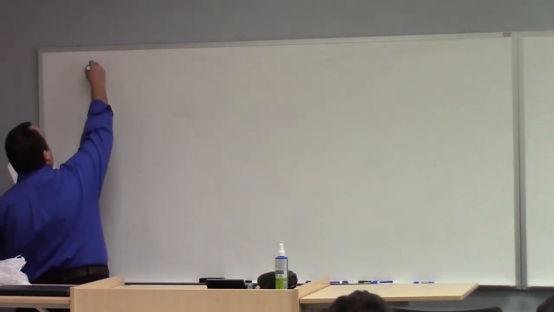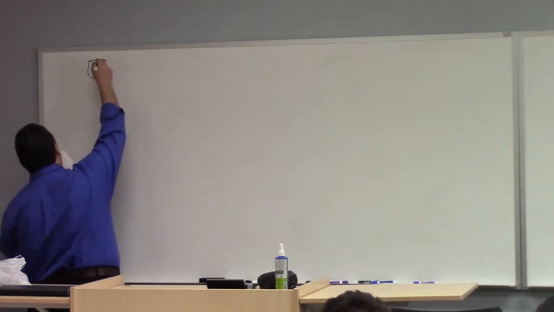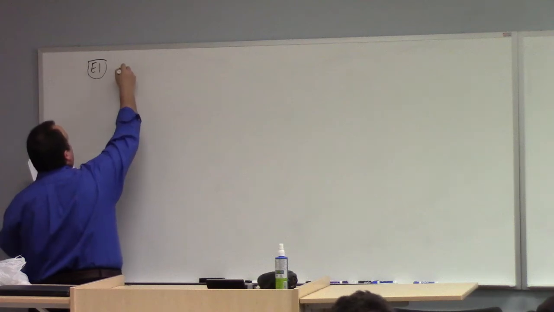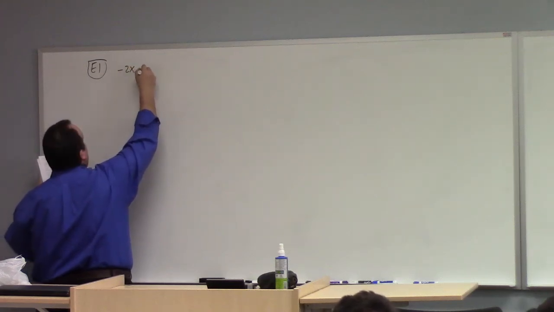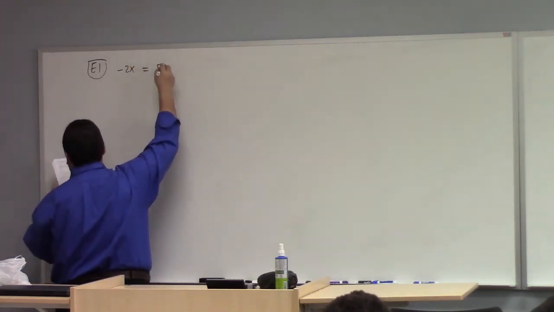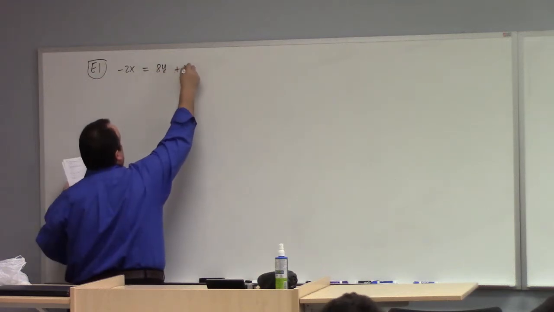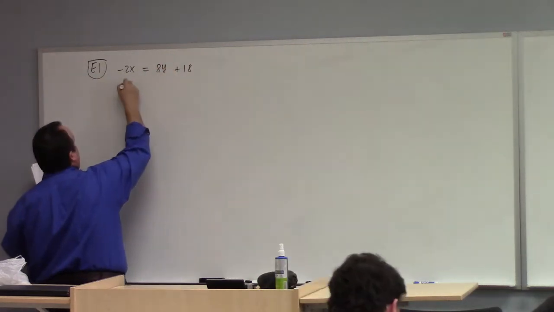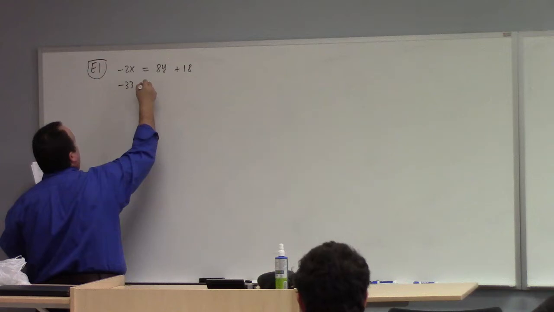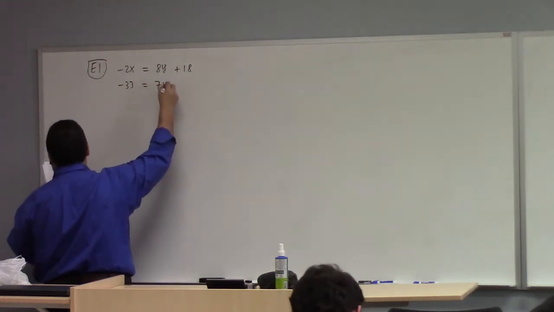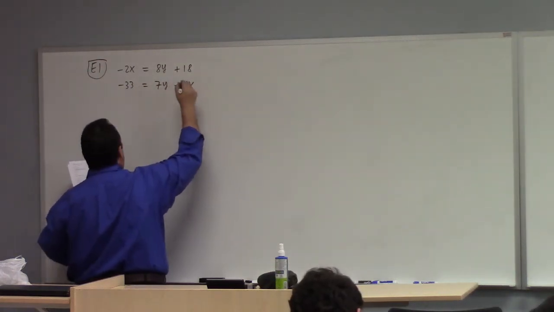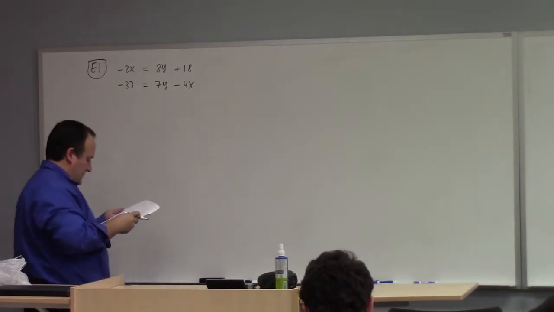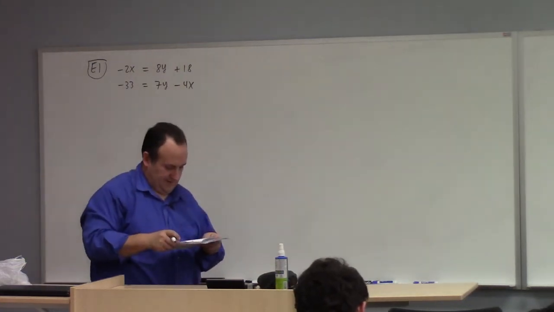Okay, so example 1. See if we can solve this one. Minus 2x equals 8y plus 18, and minus 33 equals 7y minus 4x. Let's see if we can solve this system of equations.